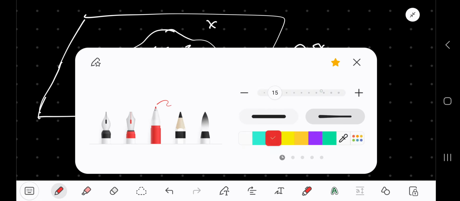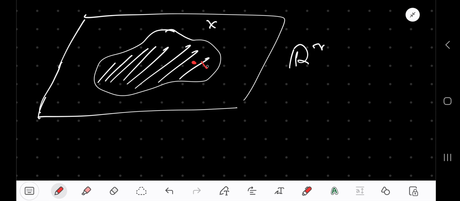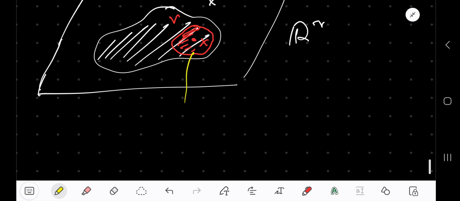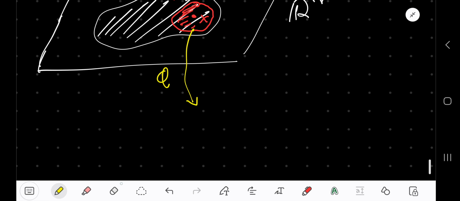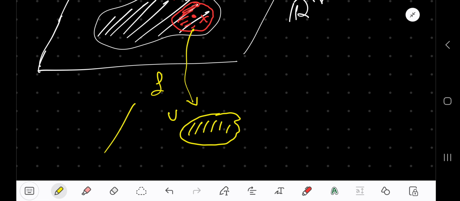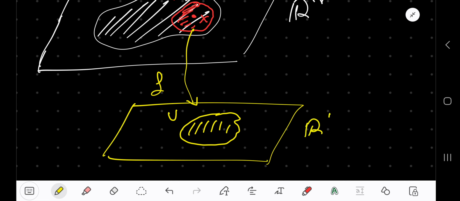If I choose any point from X, then there exists some open neighborhood V around it such that there exists a function phi which is diffeomorphic to some open set U. This is Rk and this is open.